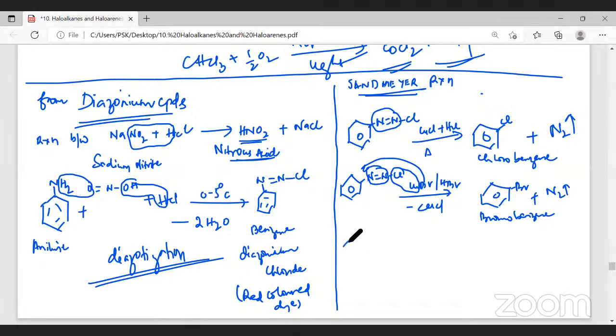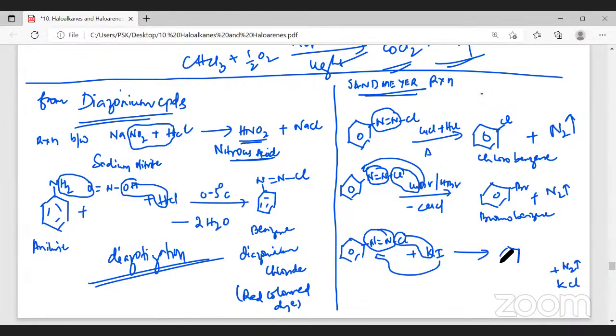Now, similarly, when benzene diazonium chloride is treated with potassium iodide, K and Cl get eliminated as KCl. The 2 nitrogens get eliminated as N2 gas. What else is left out? You have a benzene ring and you have iodine. So you can prepare iodobenzene.